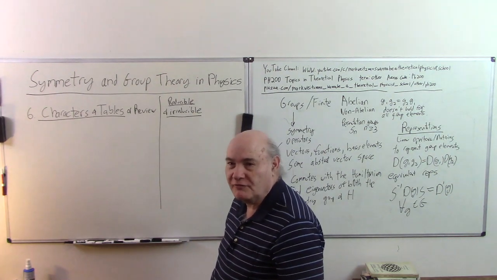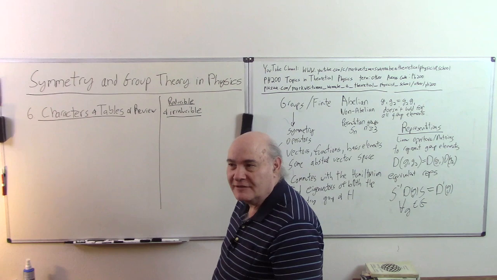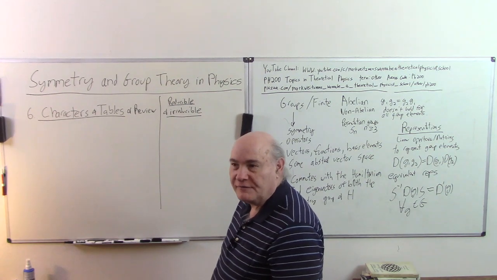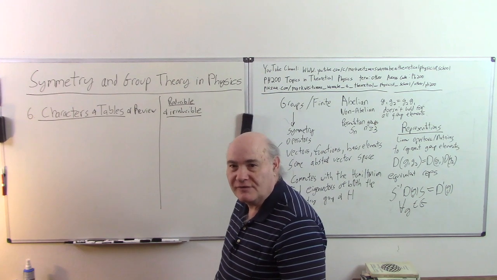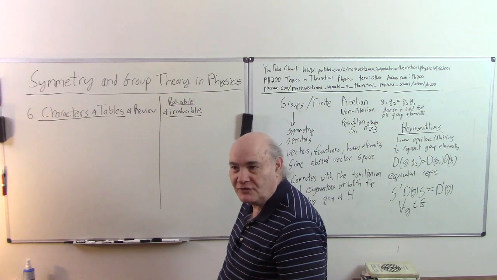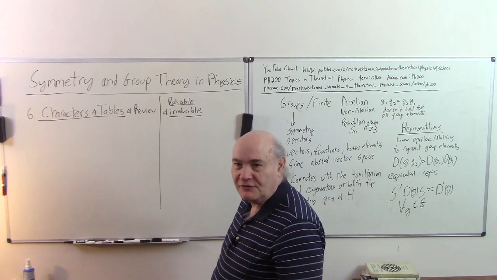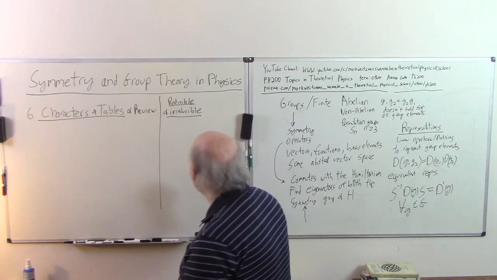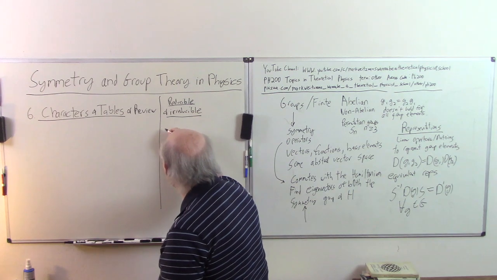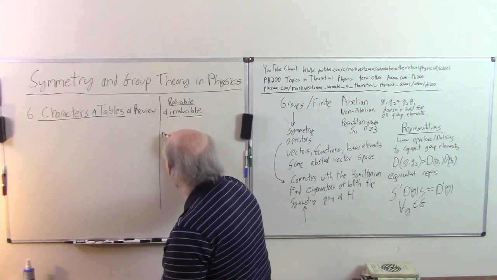The irreducible representations are like the building blocks. And for a finite group, there's only a small number usually of inequivalent irreducible representations. And all other representations are built out of these representations. And if a representation is reducible, it means the following.